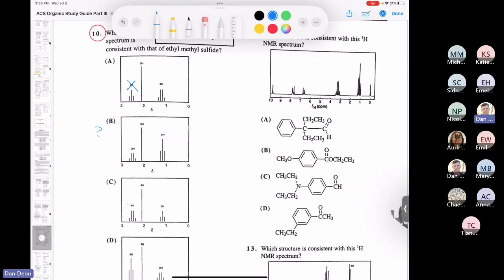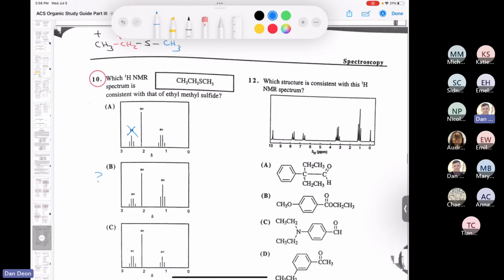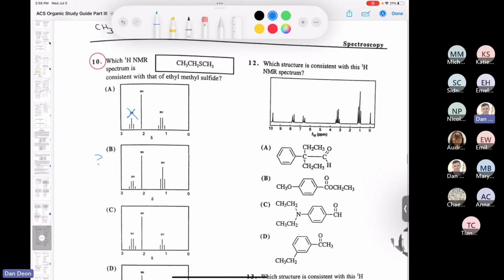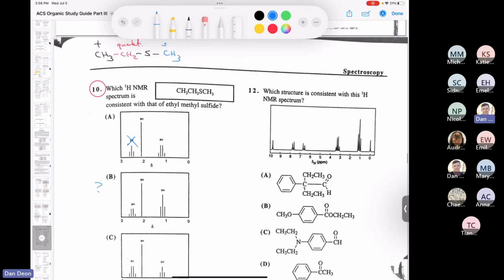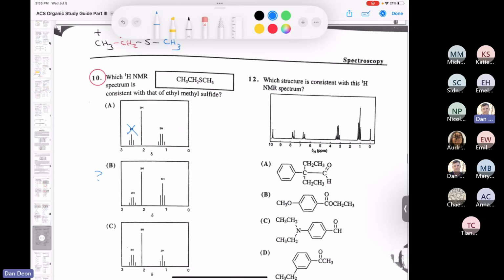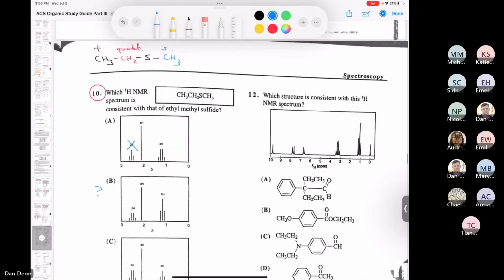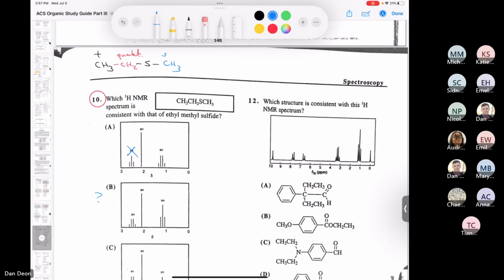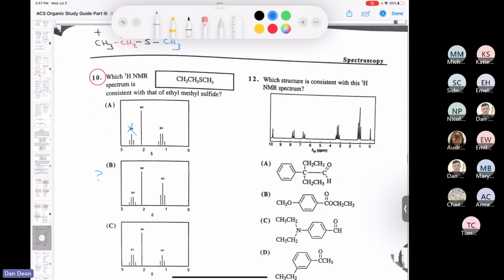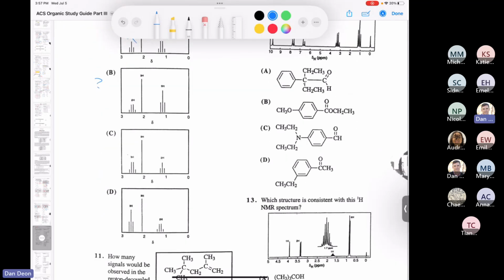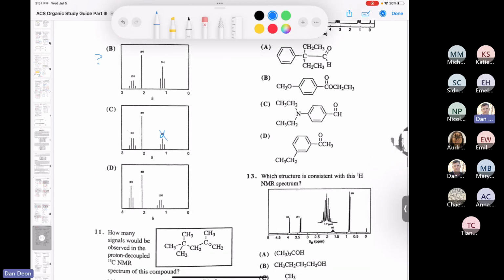Going through the others, the quartet is integrating for 3 protons in some of them, so those are impossible.